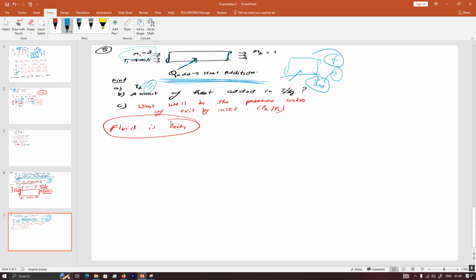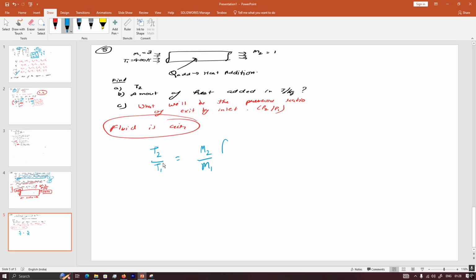Let's think on it. If you remember, we have noted down some formulas for it. T2 by T1 for Rayleigh flow comes out equal to (M2 by M1) times ((1 plus gamma M1 squared) upon (1 plus gamma M2 squared)) to the whole square.